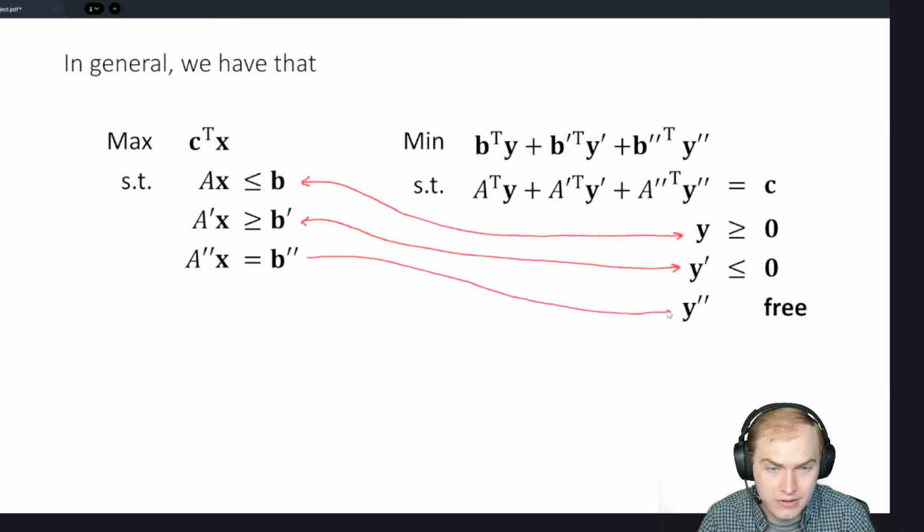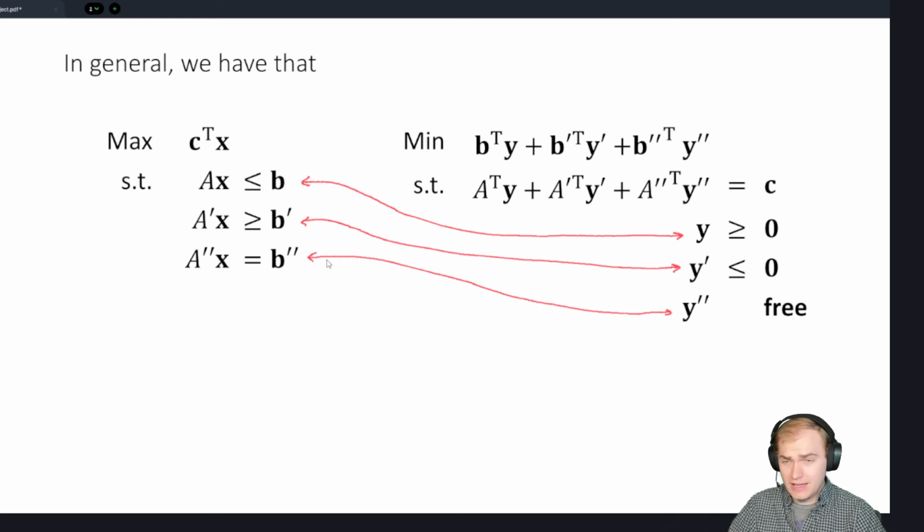And equality constraints imply free variables, and vice versa.